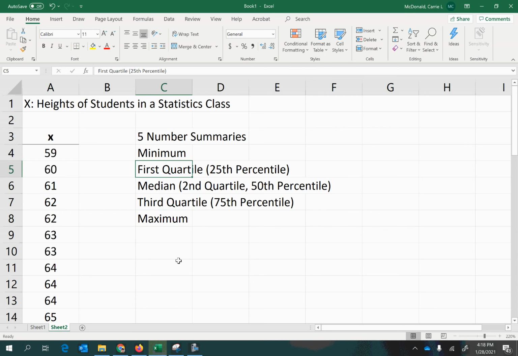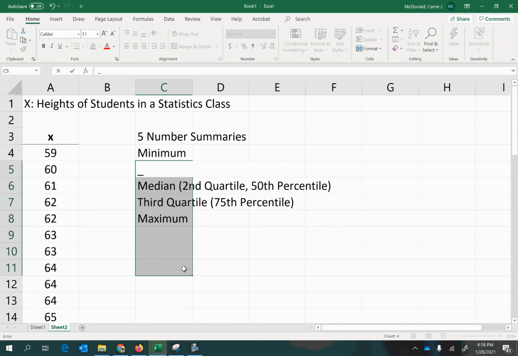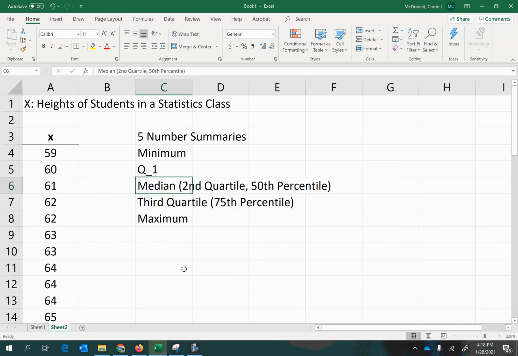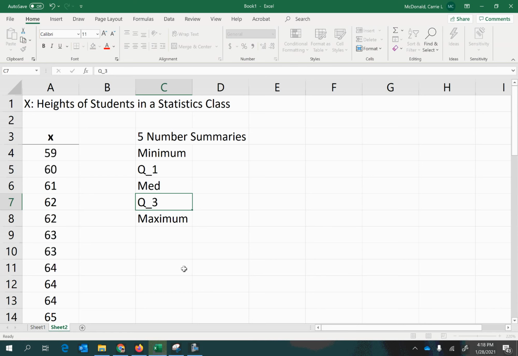So now let's use some abbreviations here. Q sub 1 will be how we denote the first quartile. We'll just say median. The third quartile will be Q sub 3. And also these two right here, the first quartile and the third quartile, are known as your interquartiles.